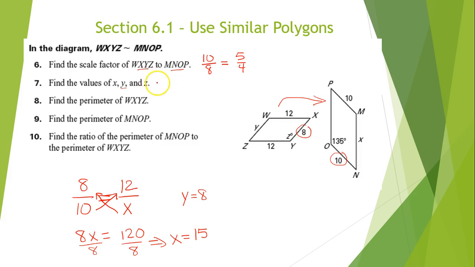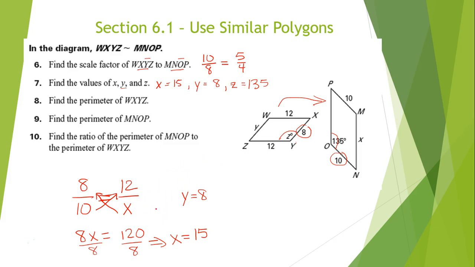So far you can put up here that X is equal to 15, Y is equal to 8. And then Z, well, that's angle Y right here. That corresponds to angle O. So these two angles are congruent. That means Z is going to be equal to 135. And there, we're done with number 7.